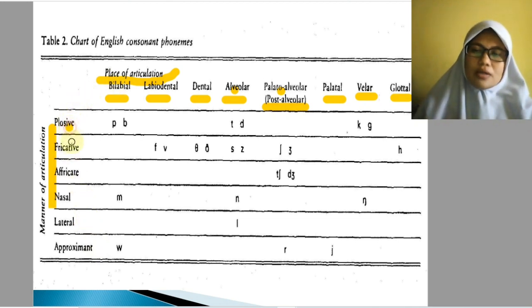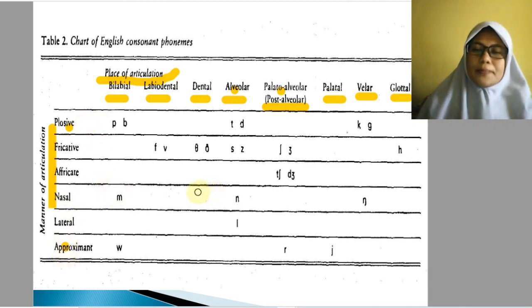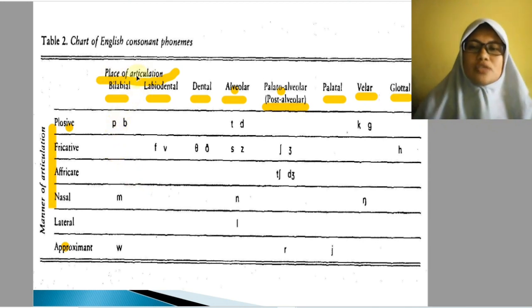So there are 1, 2, 3, 4, 5, 6. I repeat again, for place of articulation there are 8 places, and for manner of articulation there are 6 manners.